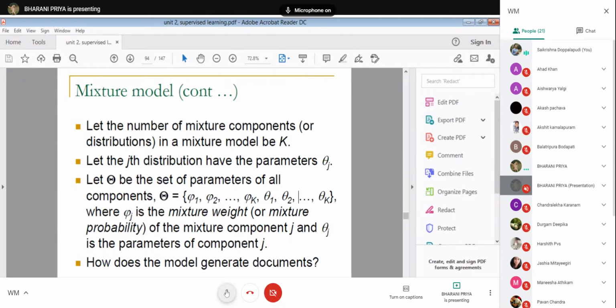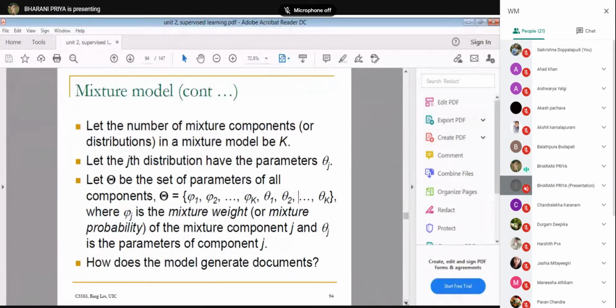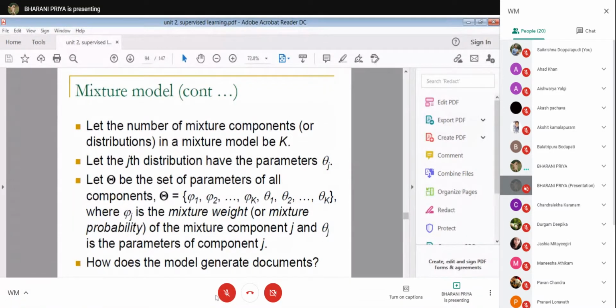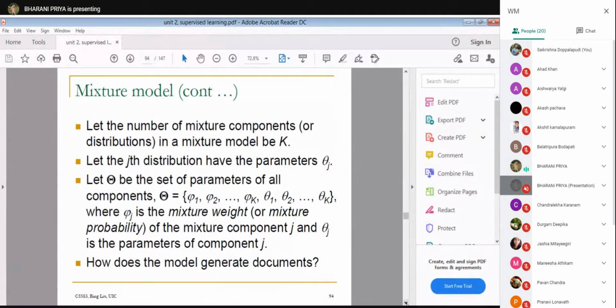If the document length is more, obviously the term frequency is more, so it is biased by the document length. To avoid that, instead of term frequency, we use term frequency inverse document frequency, TF-IDF. So it's the mixture weights of the mixture components.